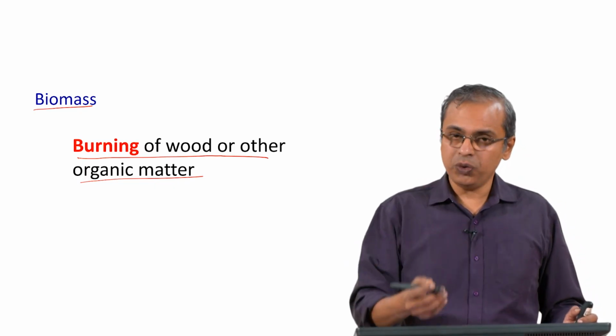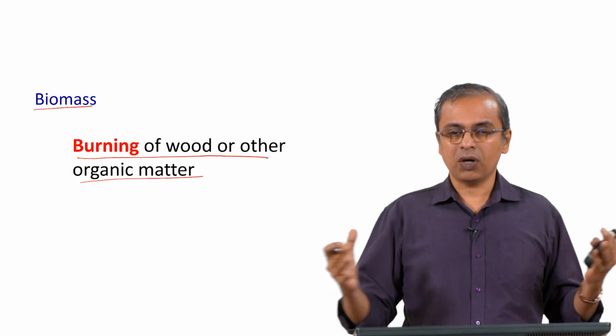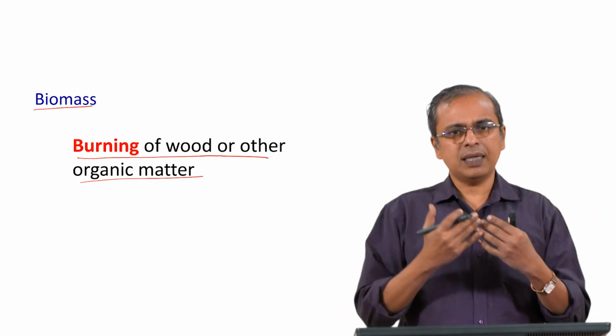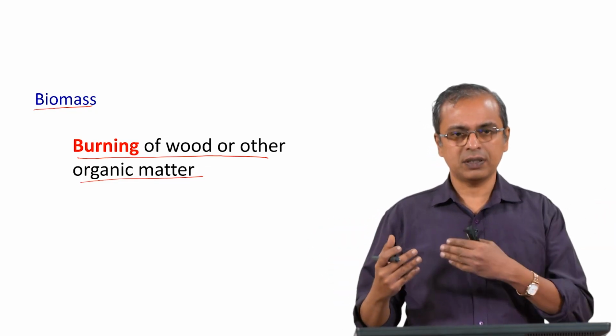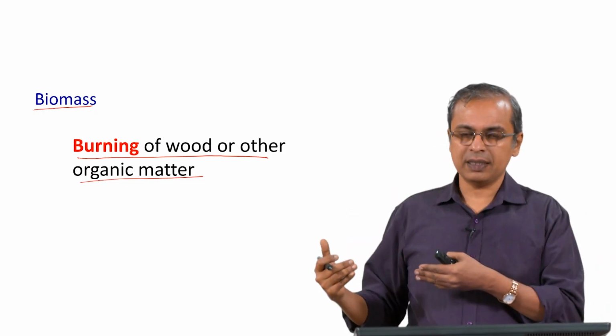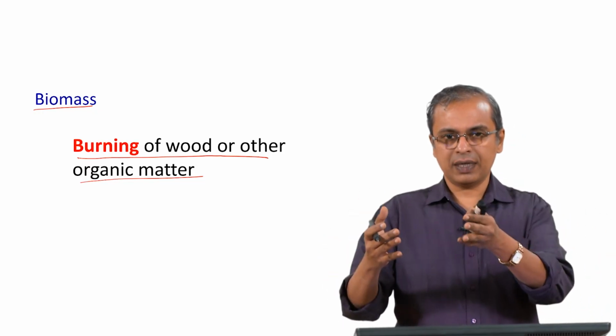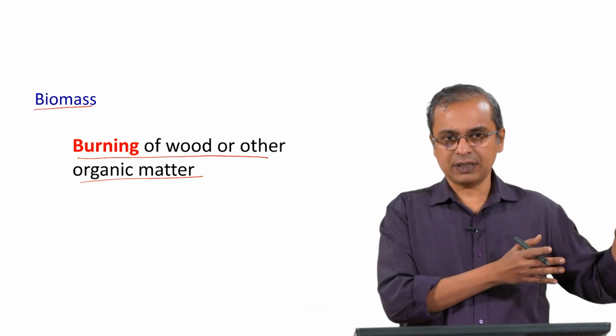It is considered renewable because if you set this up in some organized manner, you can have a large area of land marked as a forest, and you just take say half of it, cut it down, use it for energy, then take the other half, and while you are using that other half to create energy, you regenerate the first half.